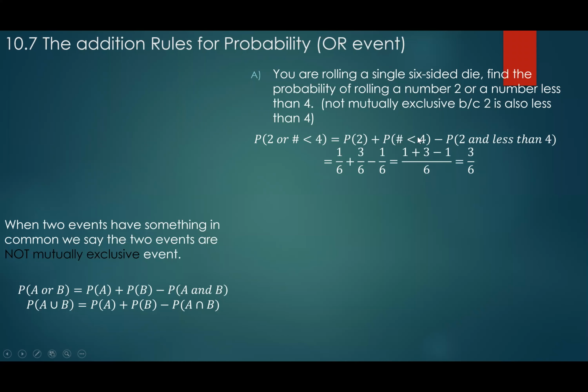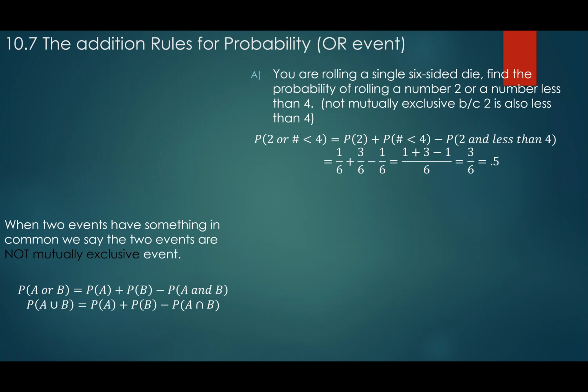The probability of a number less than 4, there are 3 because number 3, number 2, and number 1, over 6. And the probability of a number 2 that is less than 4, there is one number 2 that is less than 4 out of 6. You add them up. 1 plus 3 is 4. 4 minus 1, you get 3. 3 over 6 will give you 0.5.